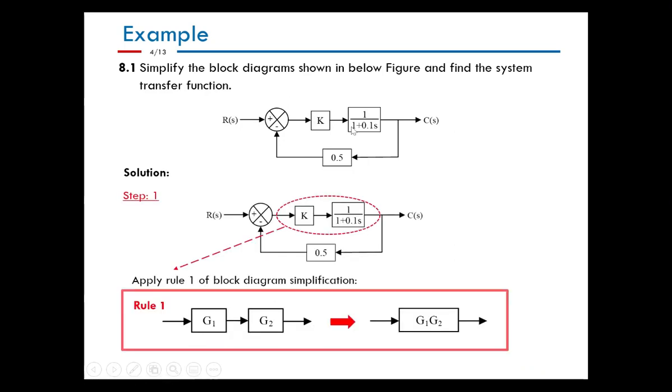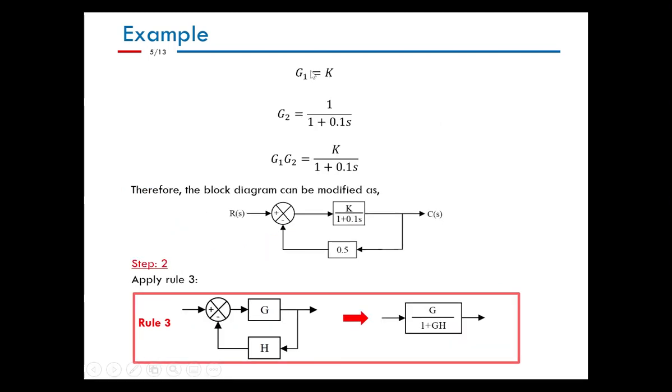By applying rule 1, the series one, G1 G2 equals G1 times G2. In this case, G1 is k, and G2 is 1 over 1 plus 0.1s. So multiplying them, we get k over 1 plus 0.1s, which is the one shown here.